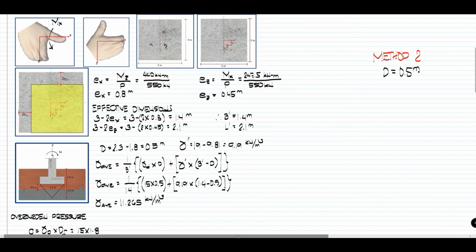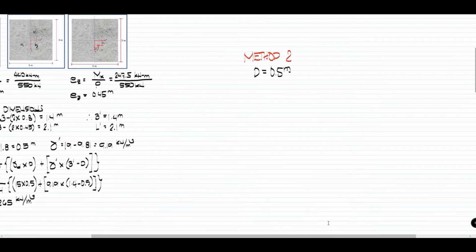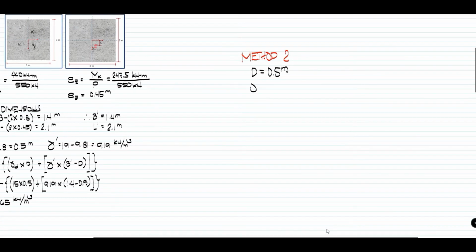So, yun yung mangyayari. So, syempre, yung gamma prime dyan, yun pa rin, yung 9.19 kilonewton per cubic meter.